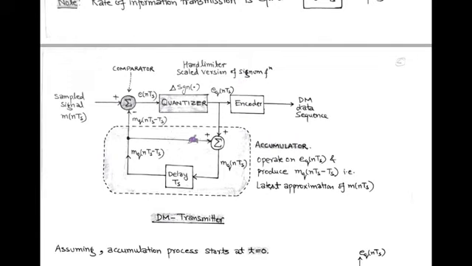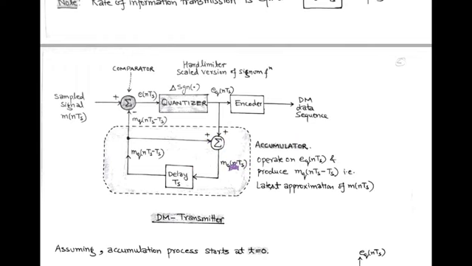Now we talk about the functioning of the accumulator in delta modulation. The accumulator operates on the quantized error signal, that is eq(nTs), and produces the latest approximation of the sampled version of the modulating signal, that is mq(nTs - Ts). This accumulator is composed of a delay and an adder.